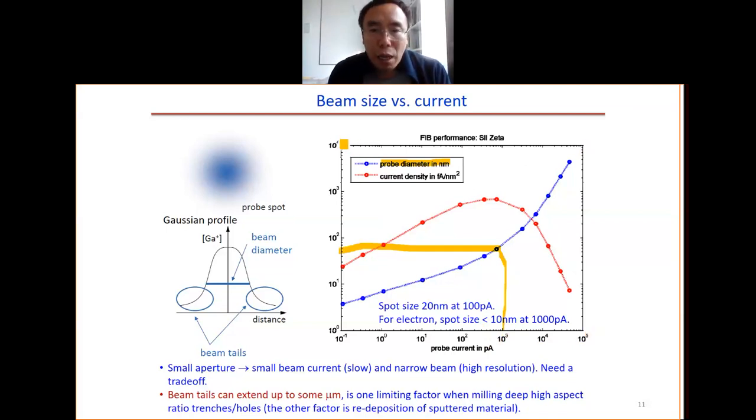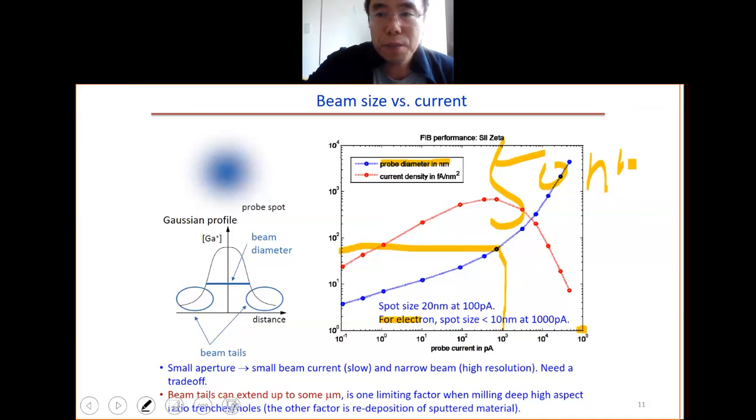It's really big. On the contrary, for the electron beam, we can have less than 10 nanometer beam size even at 1 nanoampere. When we use 100 nanoampere for electrons, the beam size will be about 50 nanometer. So you can see it's much smaller. That is the main reason that even today people use electron beam lithography much more than focused ion beam lithography.